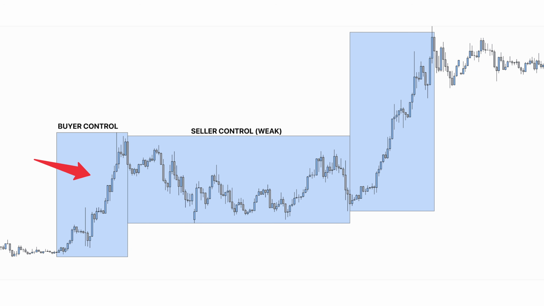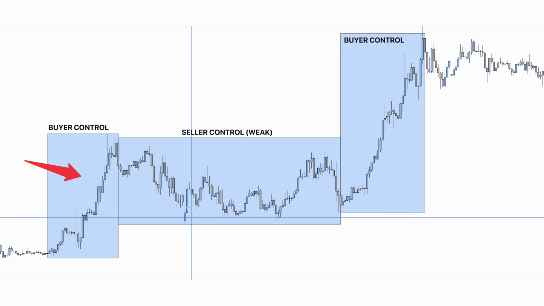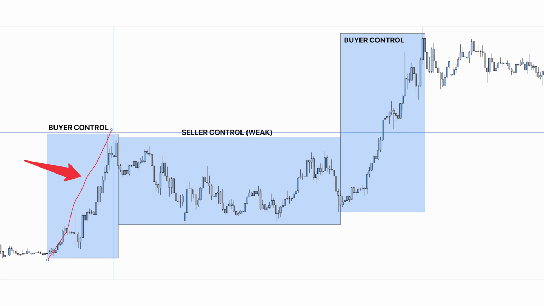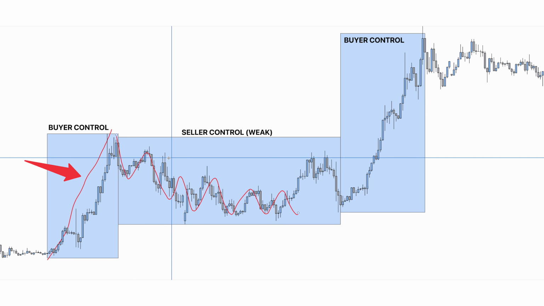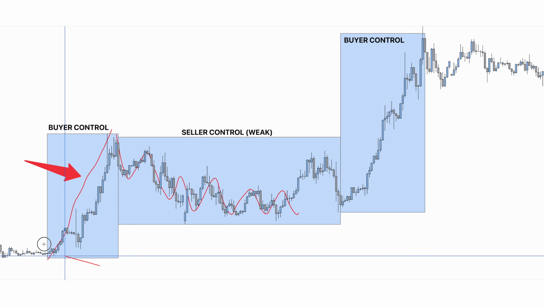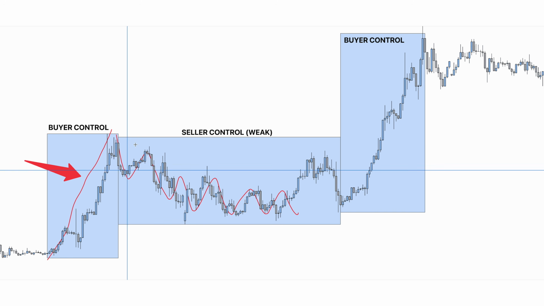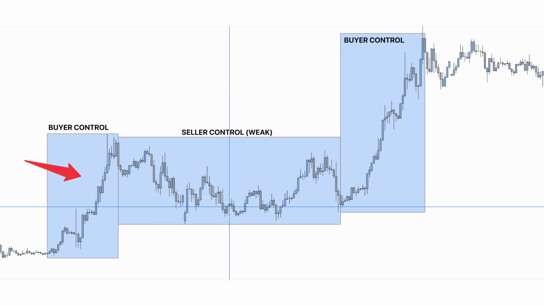How do we use this to our advantage then? We have strong buyer control initially, we have weak seller control, and then we have strong buyer control again. Well, the idea here would be, if we were to see massive strength from buyers, and then we saw weak control from the sellers, we could understand that this entire market is probably under buyer control. We see the buying through the buy phases is stronger than the selling through the sell phases.